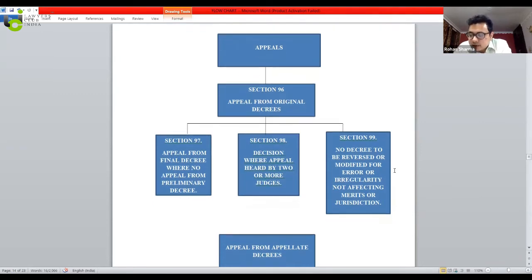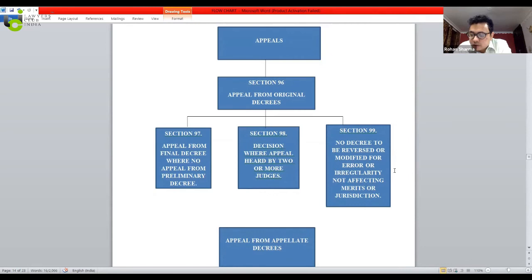Section 99 talks about the fact that when a court is sitting as a court of appeal, the decree will not be reversed or modified in case there seems to be an error or irregularity which does not directly affect the merits of the case. It can be a clerical error, a slight procedural error, or any other thing.